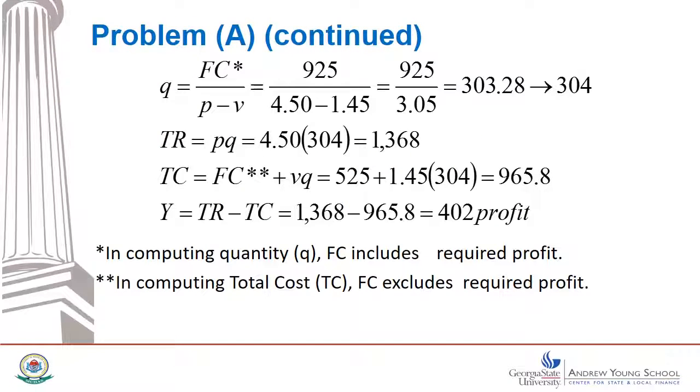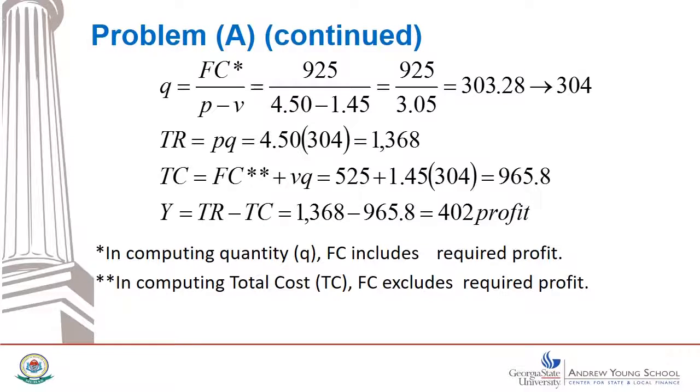Now let's get into our equations. We solve for quantity as equal to fixed costs, which are the 525 plus our required profit of 400, for a total of 925. That's divided by 3.05, which is the result of the price of $4.50 per pie minus the variable cost of $1.45 per pie.